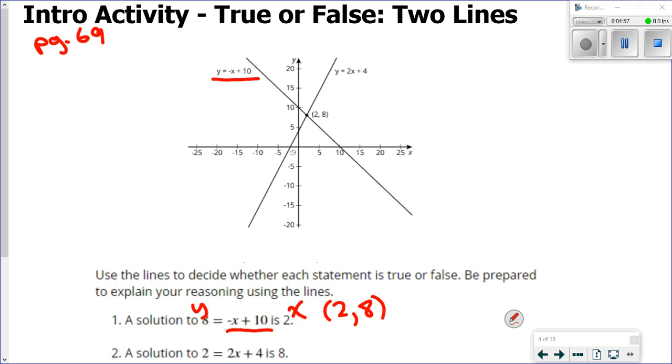So if I go right 2 and up 8, it does in fact fall on the line. So if we input 2 as x, we do get an output of 8 for our y.